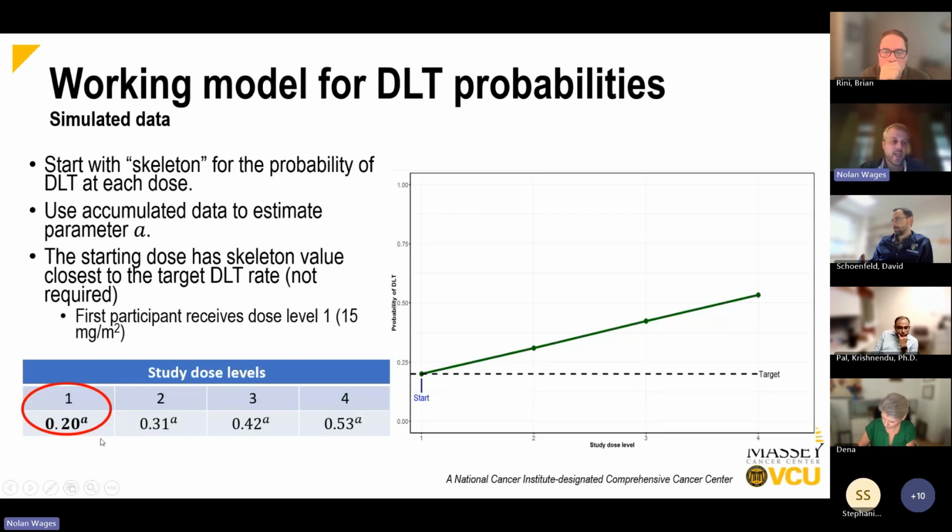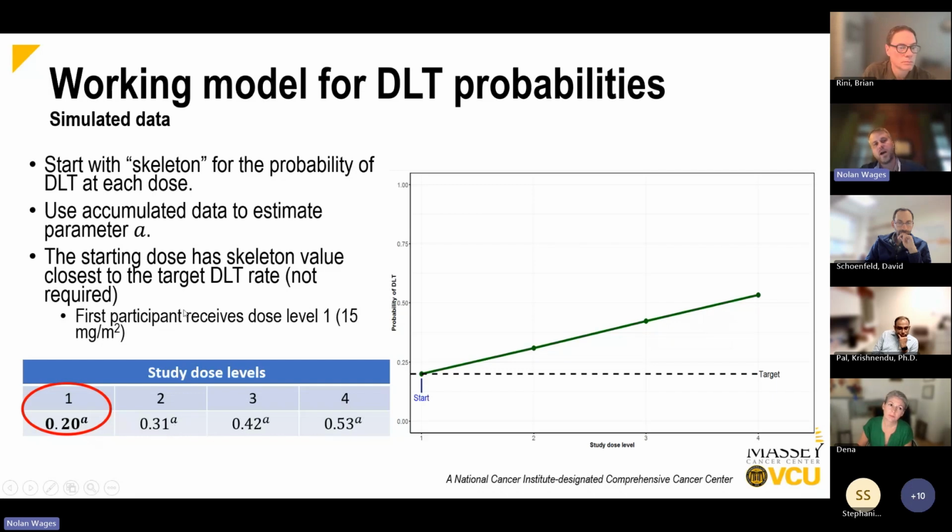On the other end, if we use very extreme values that are steep, for example, 0.01, 0.2, 0.8, 0.9, we're heavily biasing that dose level 2 with the 0.2 is the MTD, and we don't have the amount of data that's going to be able to overcome that heavy prior assumption. So basically, we just need to adequately space these values, and we can get started.